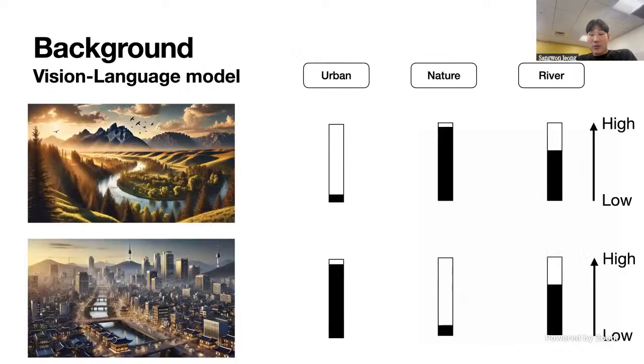Next, a vision language model allows us to optimize this transfer function without needing a ground truth rendering of the volume. Vision language models compute a similarity score between an image and any given label or description. For instance, an image of a forest here would score high for the label nature, but low for something unrelated like urban.